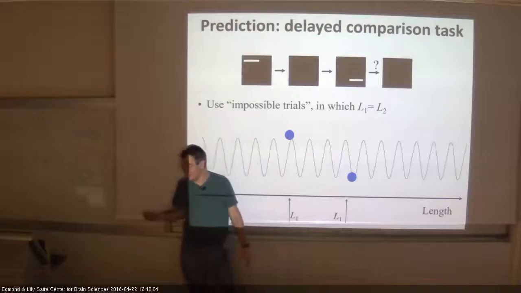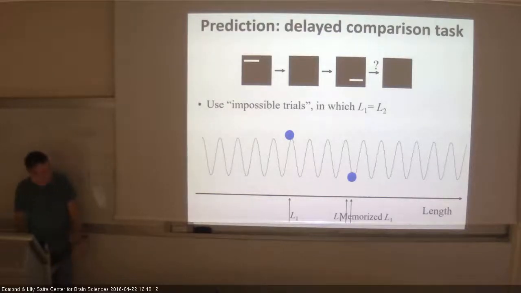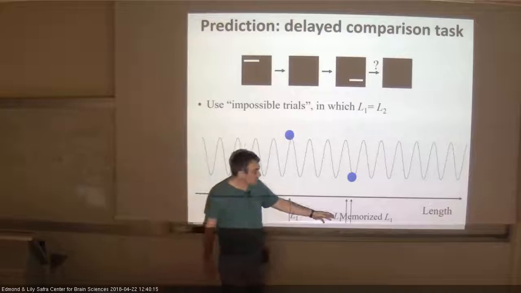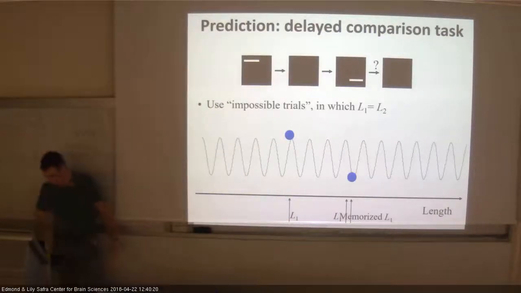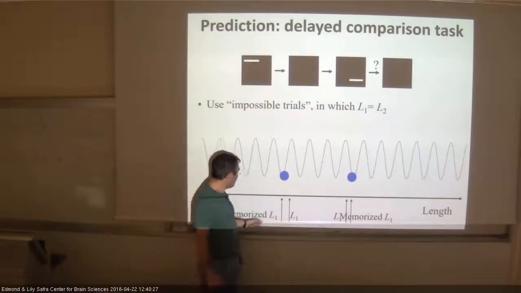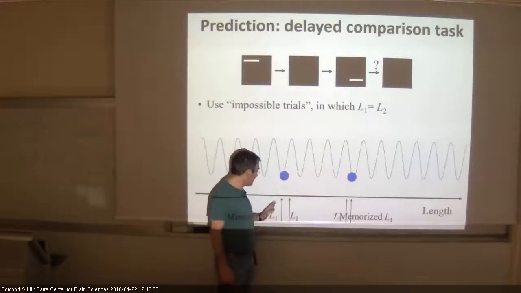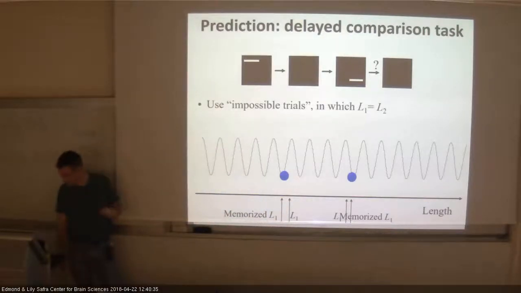So in this case, you are predicted to report that the first one was actually longer than the second one. By contrast, if I present to you this one, just because of the structure of the energy landscape, you are predicted to report that the length of the first one is actually shorter than the length of the second one. Questions about the experiment?